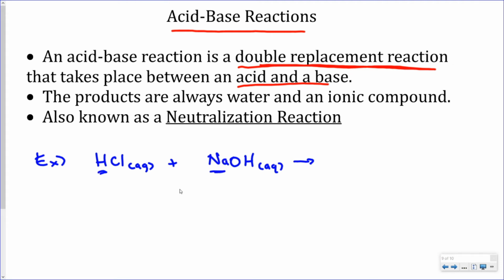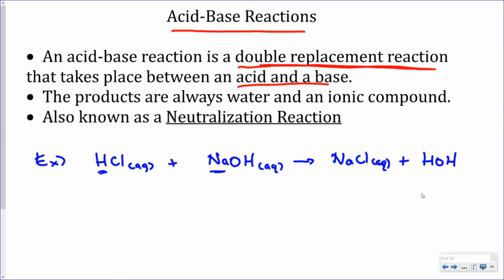So what do we get? Sodium is going to go with chlorine. So we'll have NaCl. This will be aqueous. Plus, we'll have the hydrogen coming over here with hydroxide. So we'll have HOH. And in fact, what is HOH?